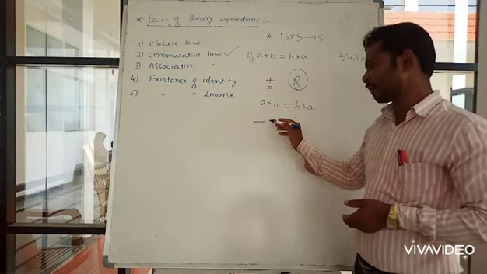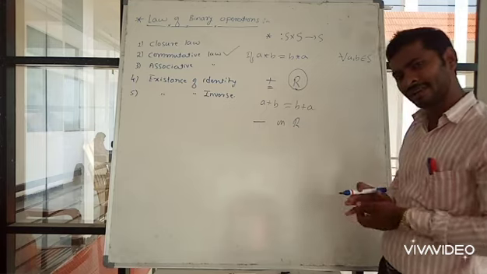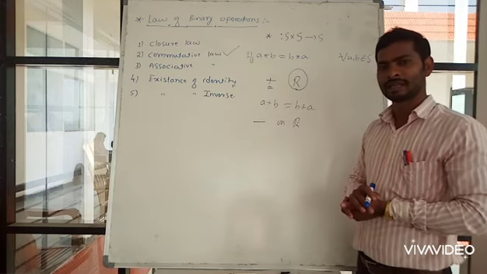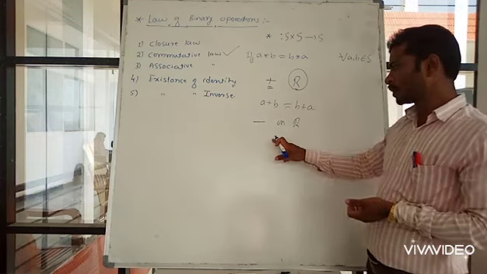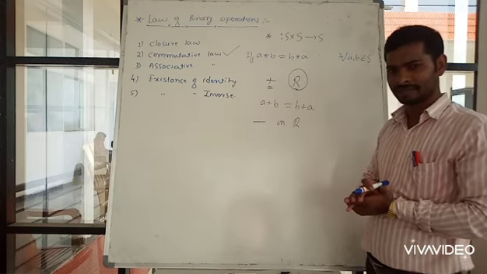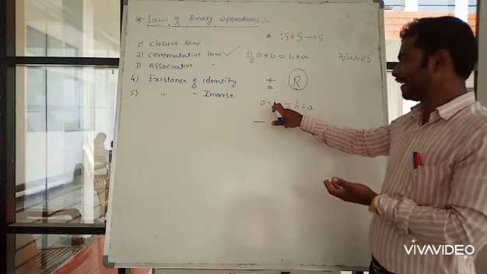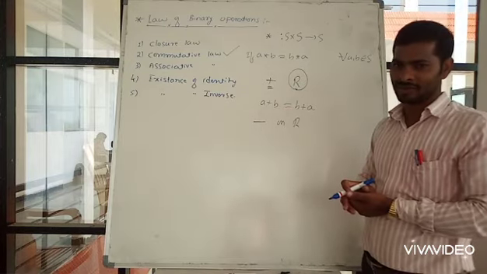Similarly, if you consider the minus operation on the set of all real numbers, is minus a binary operation or not? Yes, it is a binary operation. So is this binary operation on the set of all real numbers commutative or not? We must verify whether A minus B equals B minus A or not.